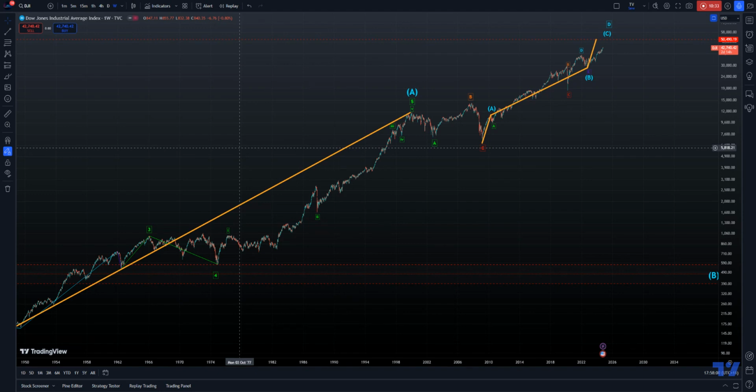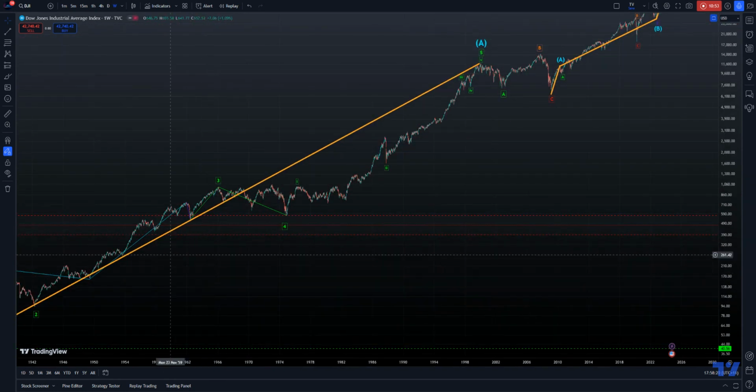One of them is corrections usually revert back to the previous fourth wave of the previous third wave. Now, Elliotticians might say that it's the previous fourth wave, right? But whatever. In this case, they're practically the same thing, right?